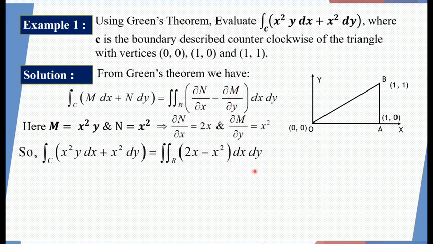Now for the limits, we have to draw a strip either parallel to the x-axis or parallel to the y-axis. So when we draw a strip parallel to the y-axis, let this be the strip.